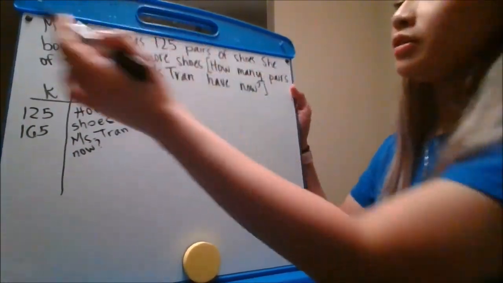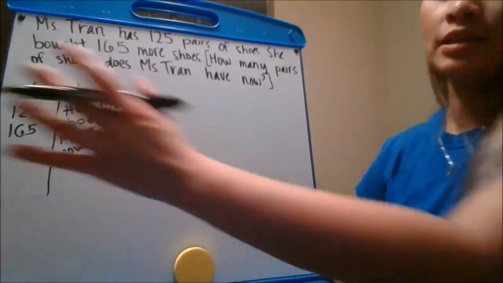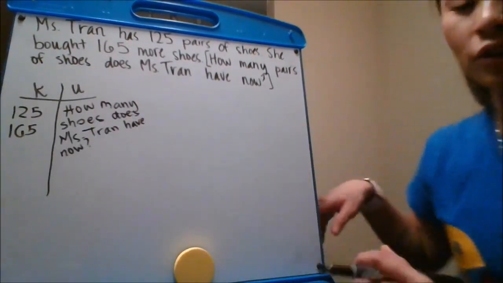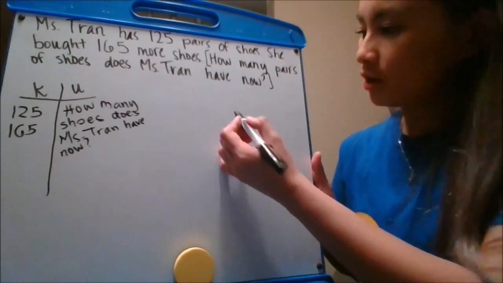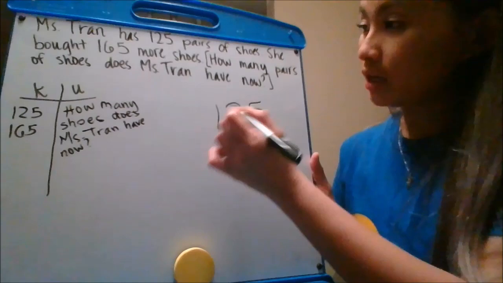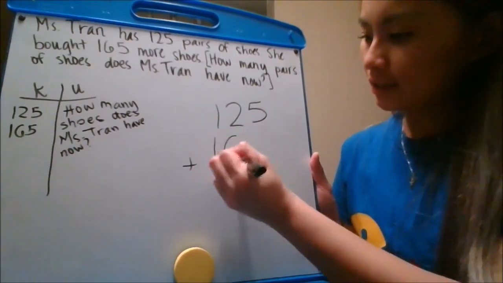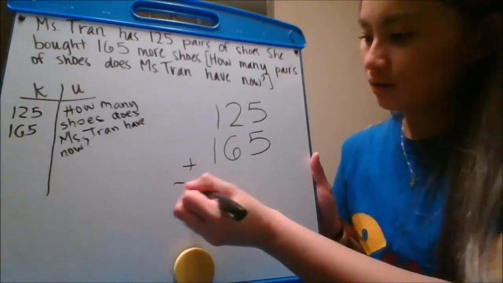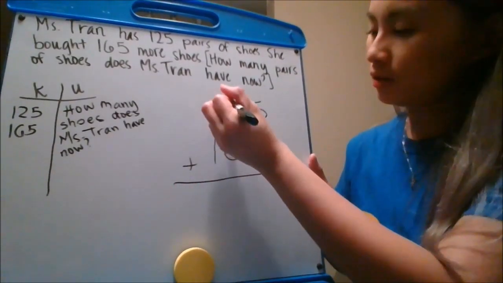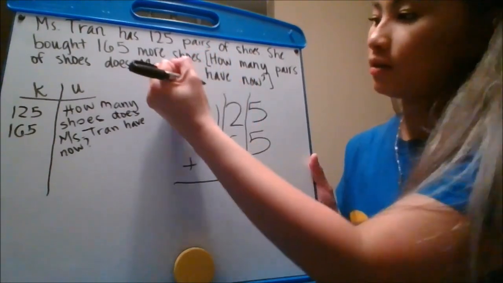All right, so we know that the word bought means to add, because the action is when you buy something, you're adding more to your collection. So I started off with 125 pairs of shoes, and I bought 165 more shoes. Again, let's separate this.